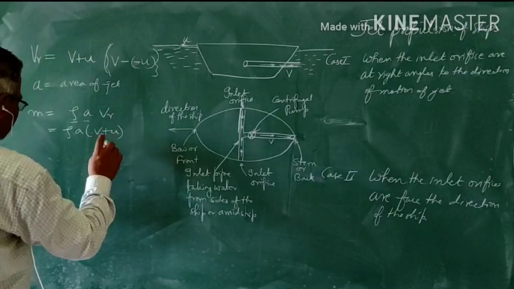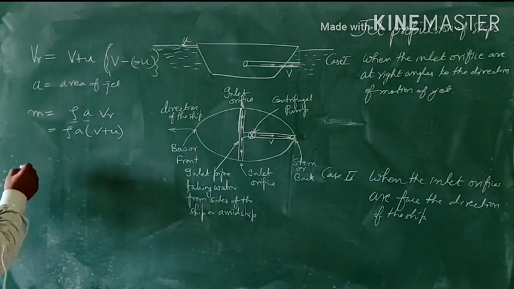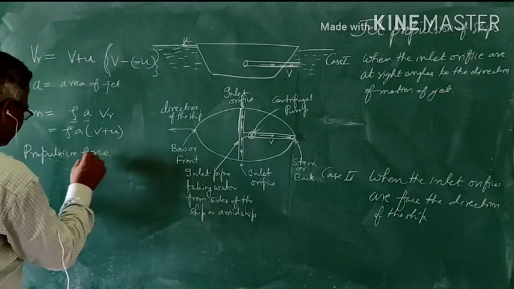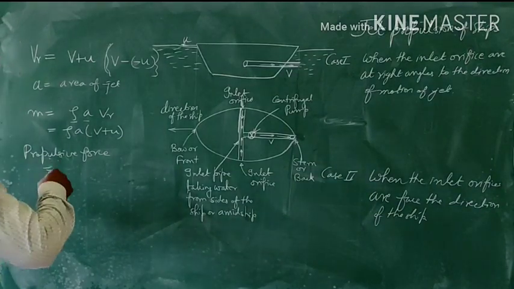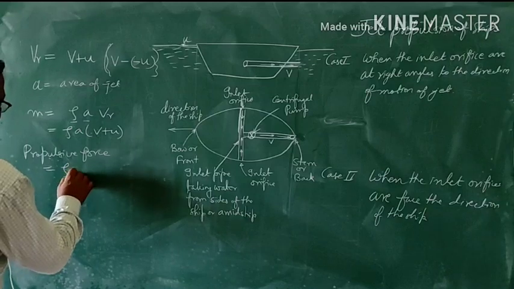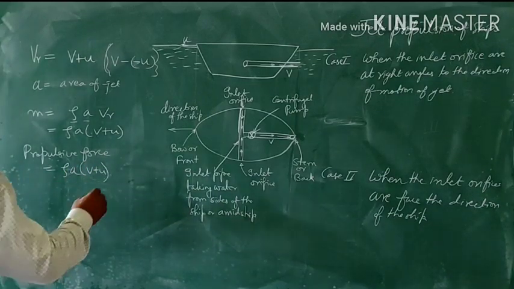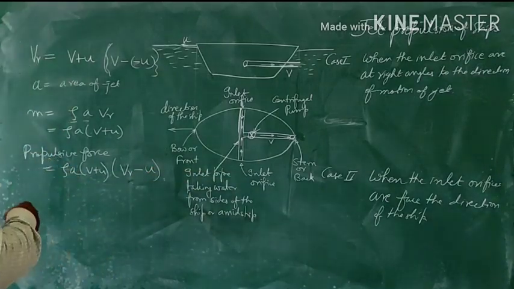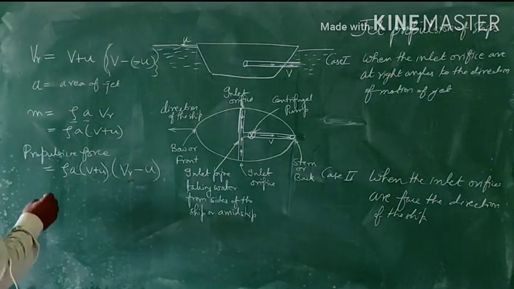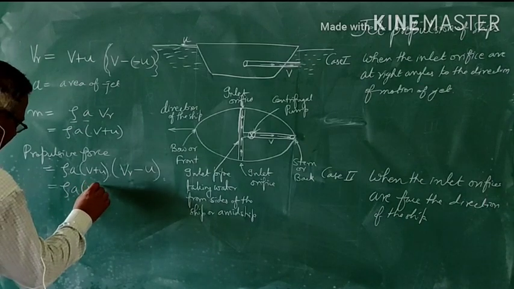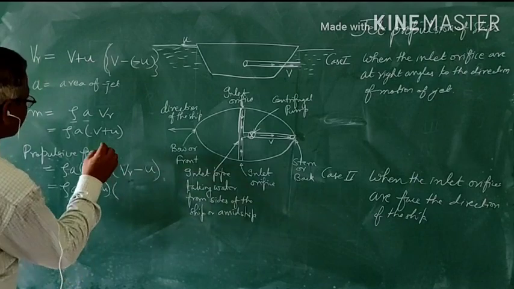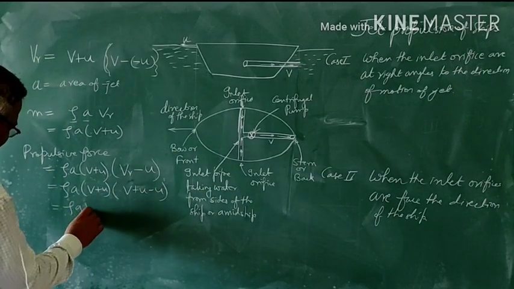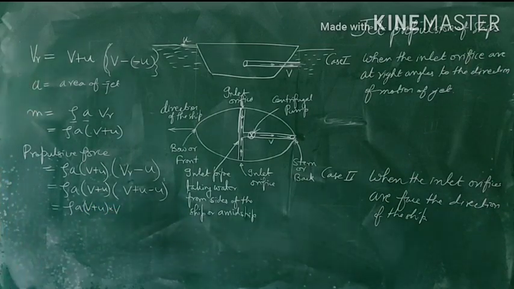The propulsive force is given as the mass flow rate of water times the change in jet velocity. The mass flow rate is rho A (V plus U), and the change in velocity is the initial velocity Vr, that is V plus U, minus the final velocity U. So the propulsive force becomes rho A (V plus U) multiplied by V.